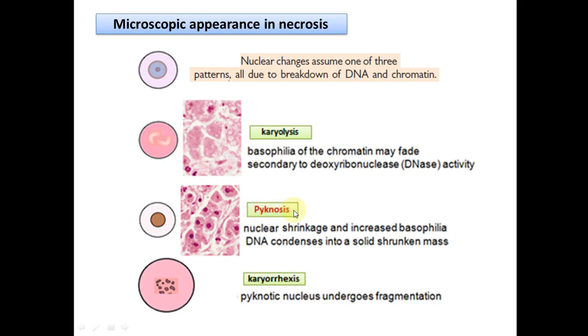The second change, known as pyknosis, occurs because the nucleus undergoes shrinkage, and as a result of the condensed mass of DNA, it may appear more blue as compared to normal cells. Now these pyknotic nuclei break down into fragments, and this fragmentation of the pyknotic nucleus is known as karyorrhexis.